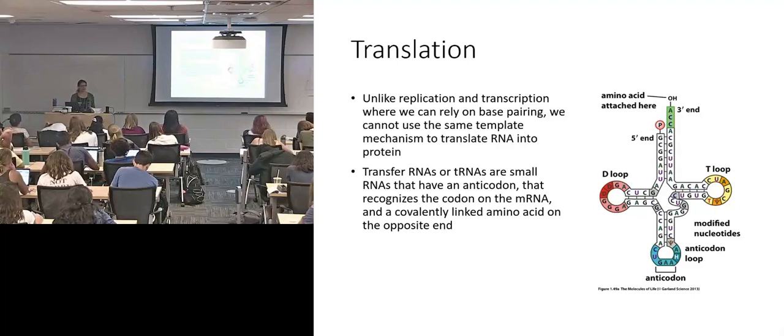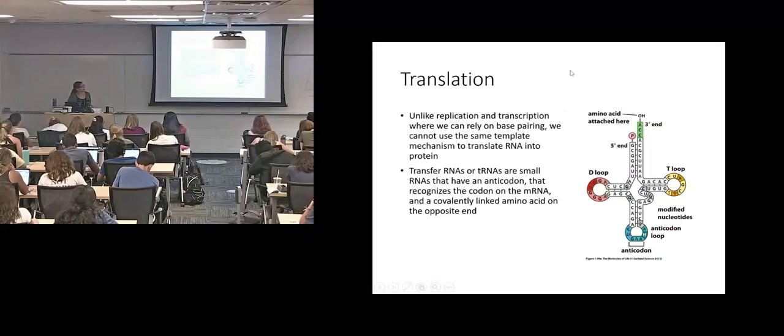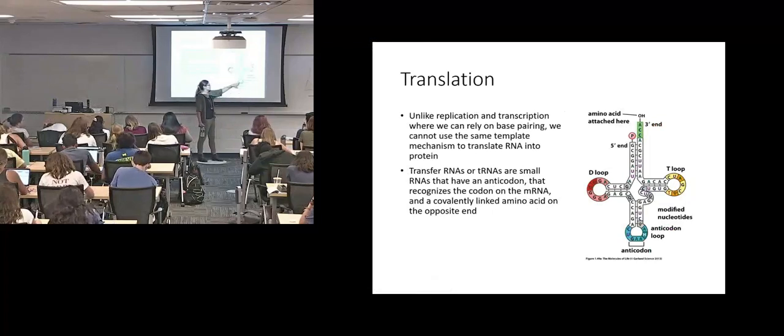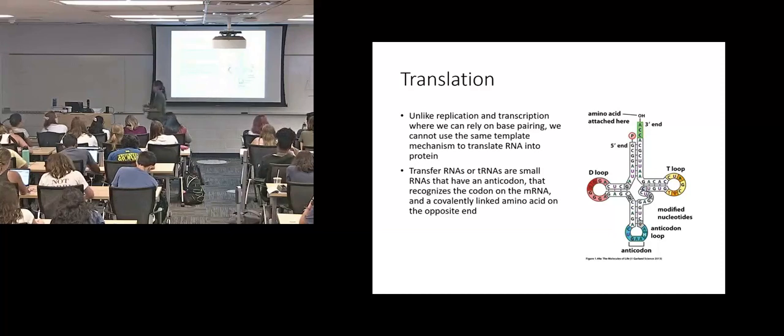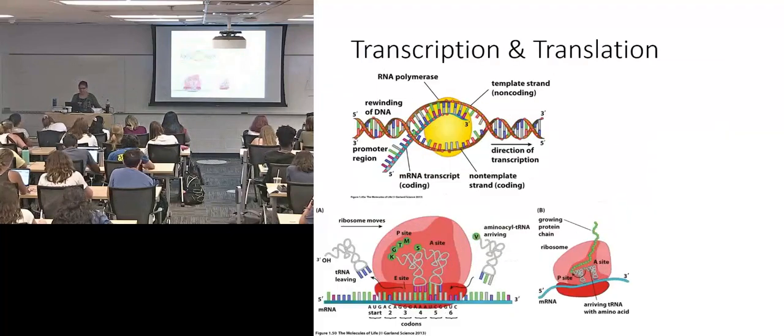A codon is a three-base sequence on the mRNA of interest, and the anticodon has the opposite pairs. On our tRNA, it will covalently link the amino acid. So the tRNA comes in and binds to the mRNA. Here we have the mRNA strand with the codon of interest, the tRNA, and the amino acid. I think this slide just puts them all together.